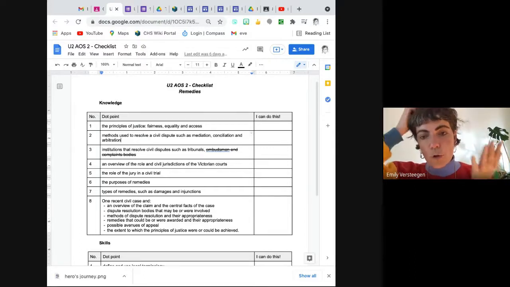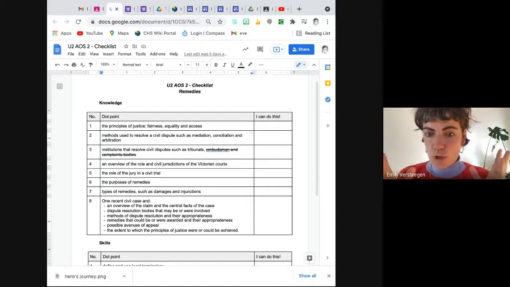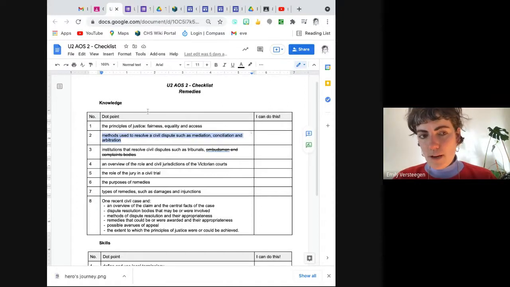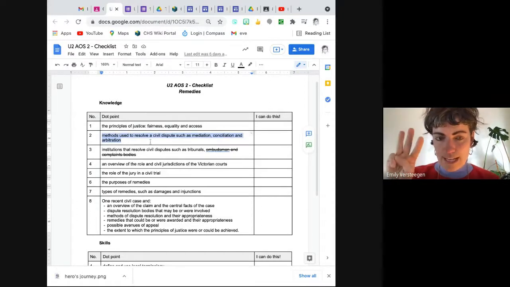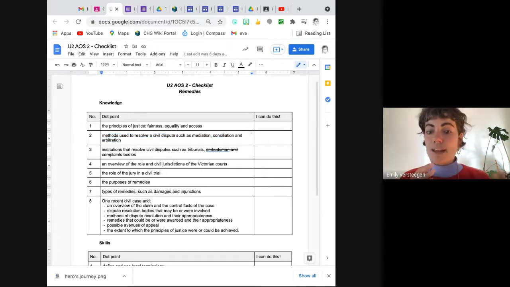The other method, the word for a court resolving a dispute, is judicial determination. So that's where a magistrate or a judge sitting in a court hears and determines the case. But that is not so relevant for this. Here on this dot point, we looked at those three ADR methods, and there's a really good PowerPoint looking at when they will and when they won't be suitable, because you need to know that.